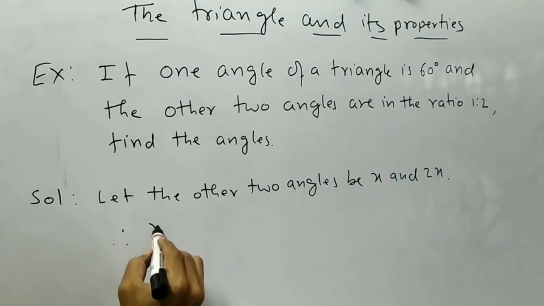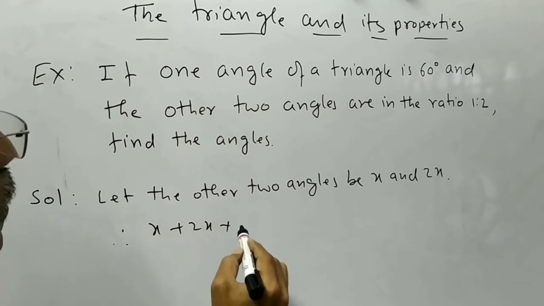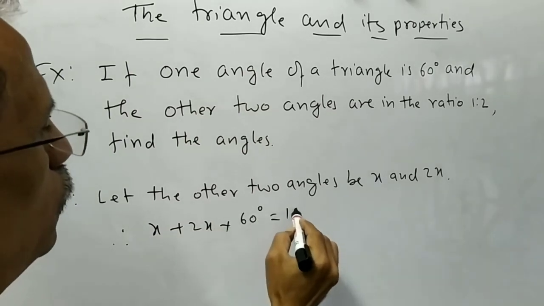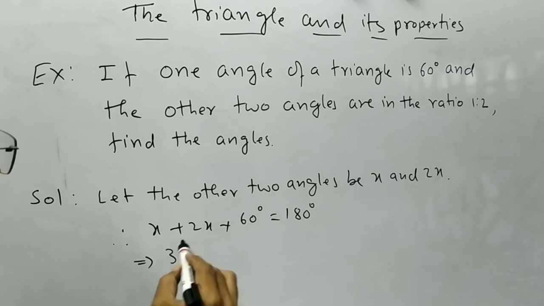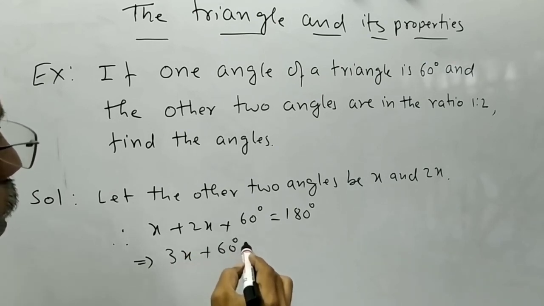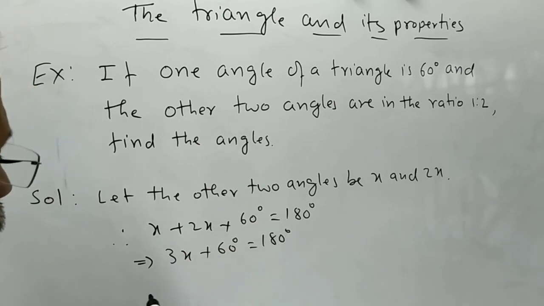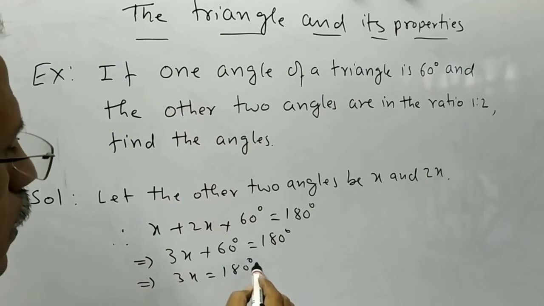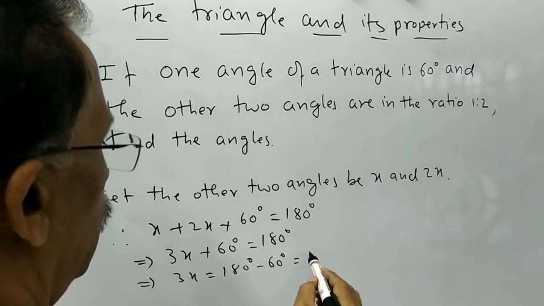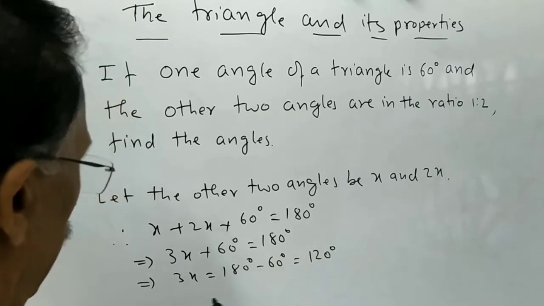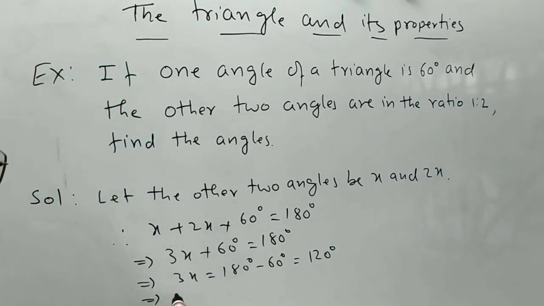Therefore, x plus 2x plus 60 degree is equal to 180 degree, implies 3x plus 60 degree is equal to 180 degree, implies 3x is equal to 180 degree minus 60 degree is equal to 120 degree. This implies x is equal to 40 degree.